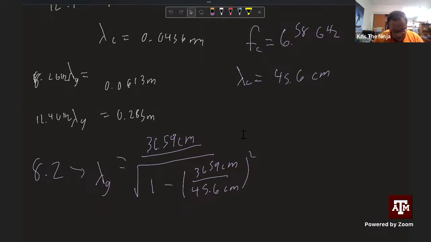That value squared, 1 minus that value, square root that, and then do 36.59 divided by that.